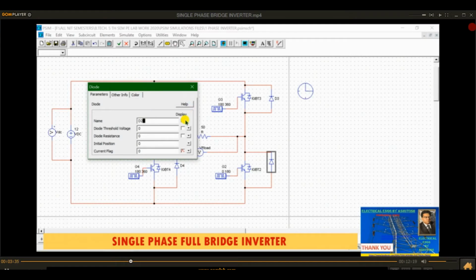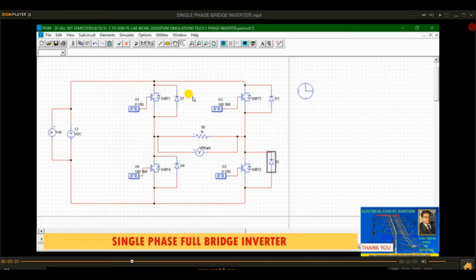diode number 2. So basically 4 diodes are there, and the 2-wire DC input power source is VDC. Each diode is connected in anti-parallel. As you can see, each diode D1, D2, D3 and D4 is connected in anti-parallel to the thyristors or the IGBTs.